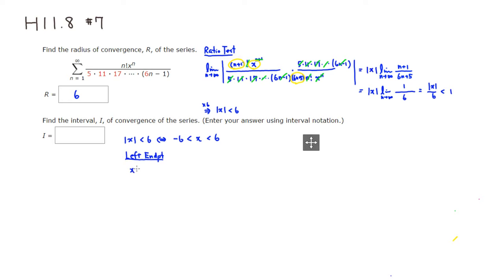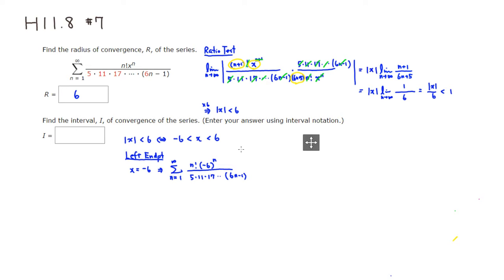When x is equal to -6, we get the summation from n equals 1 to infinity of n factorial times (-6) to the n, over 5 times 11 times 17 and so on, up to 6n minus 1.